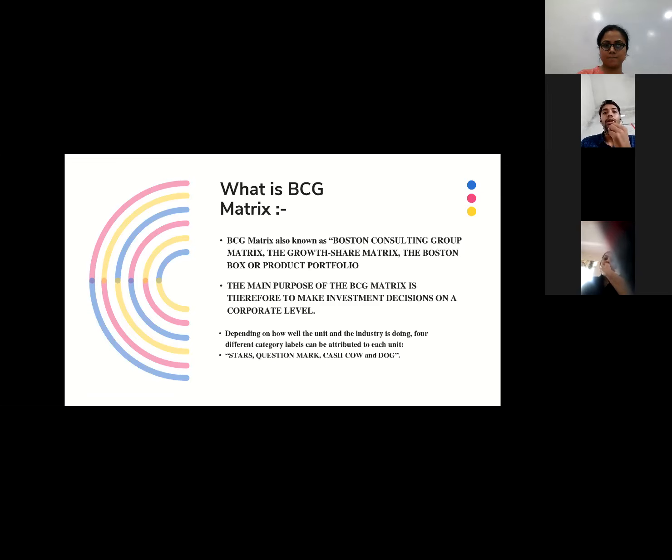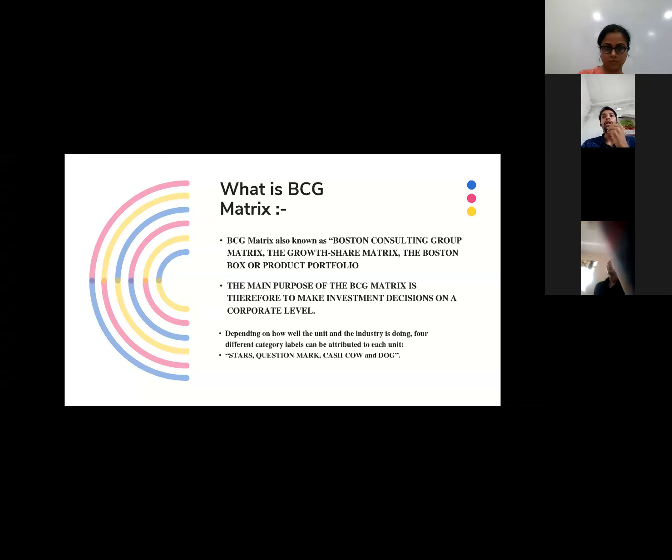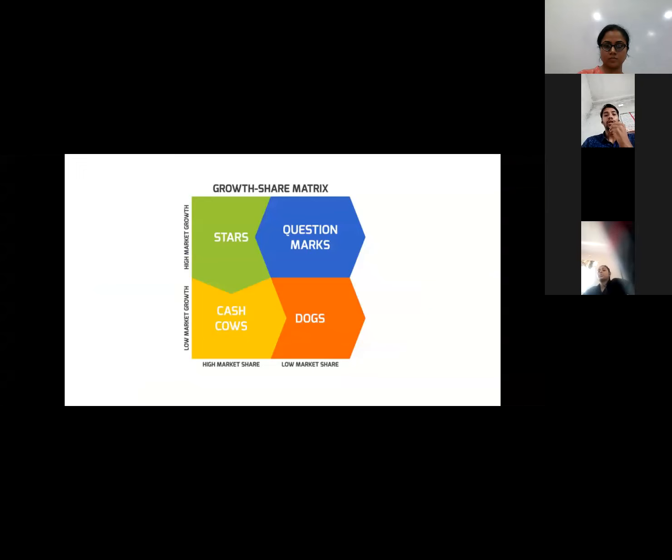Now I move to the topic of relative market share. Relative market share is used to measure the company's competitiveness. It is the company's share relative to its competitor. For example, take two automobile companies, Tata Motors and Mahindra.